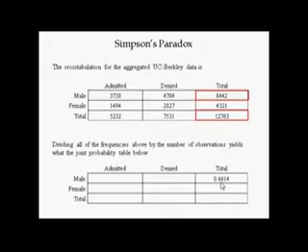The relative frequency of female applicants is computed by dividing the frequency of female applicants, 4,321, by the frequency of applicants, 12,763. Hence, the relative frequency of female applicants is 0.3386. These sum to 1.